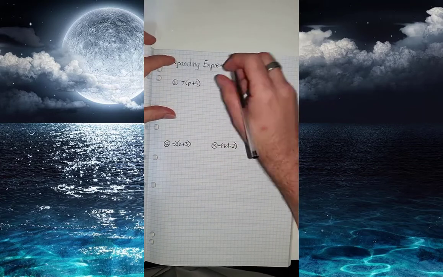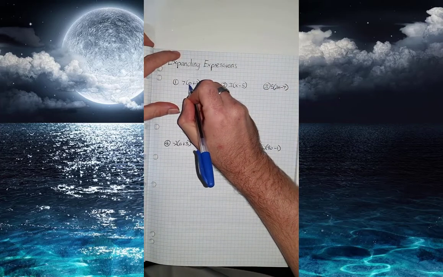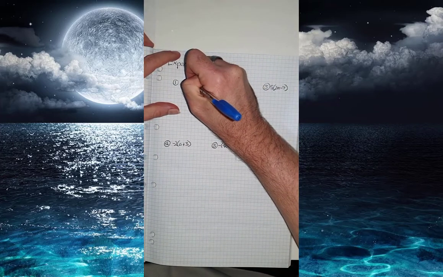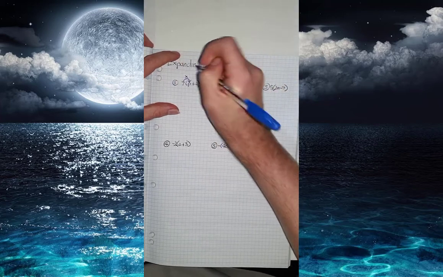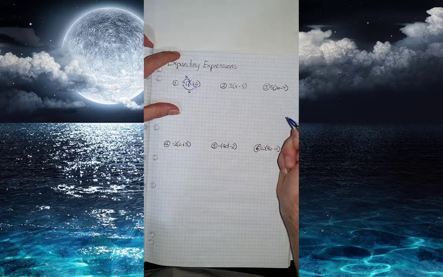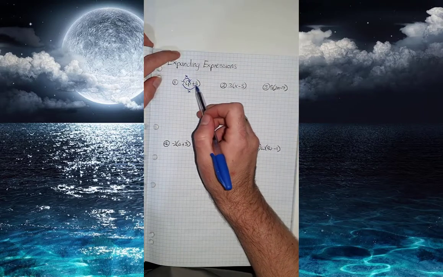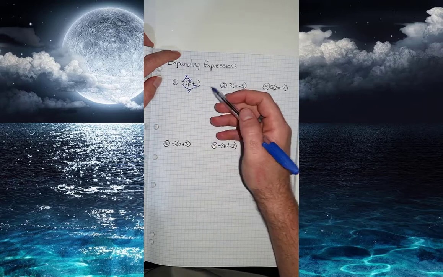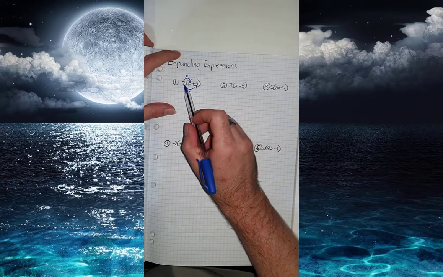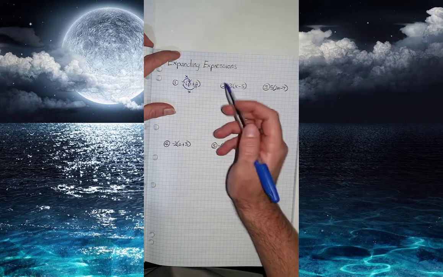What we need to do initially is 7 times p, and then 7 times 4. Now what this whole expression is referring to is that p plus 4 is being multiplied by itself 7 times.